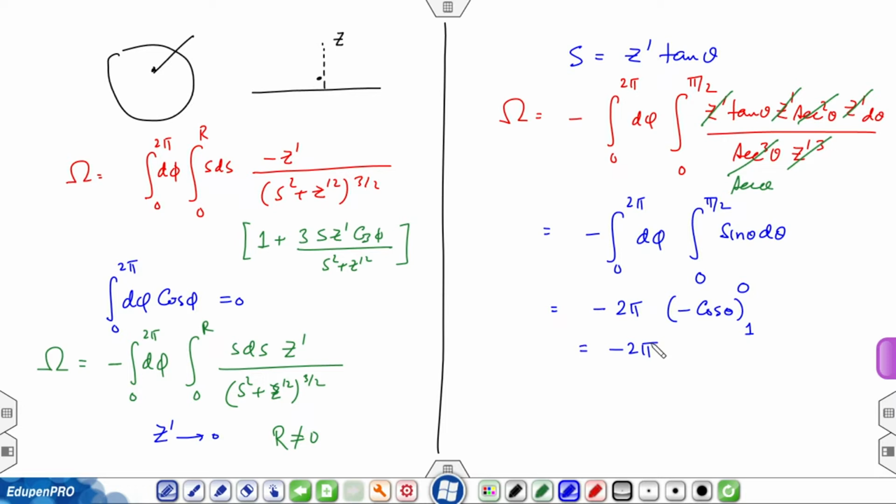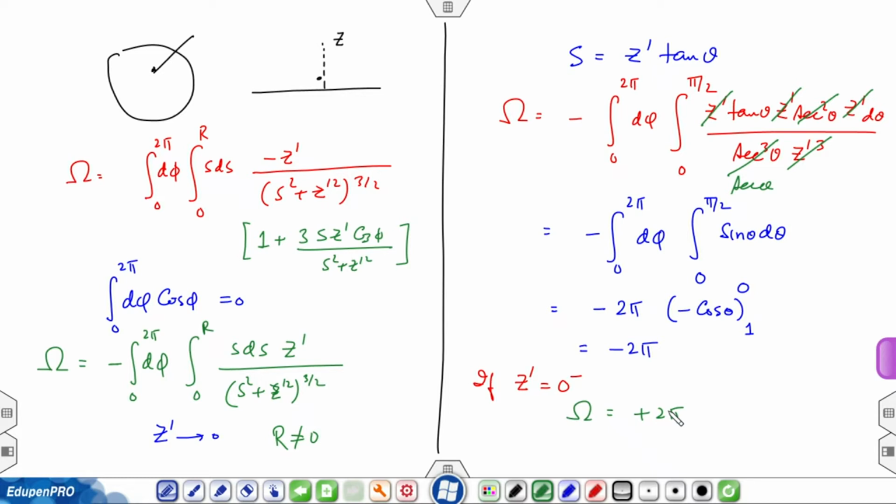This is when the magnetic charge particle, the monopole, is above. If z prime is equal to 0 minus, then I will get omega equals plus 2 pi.